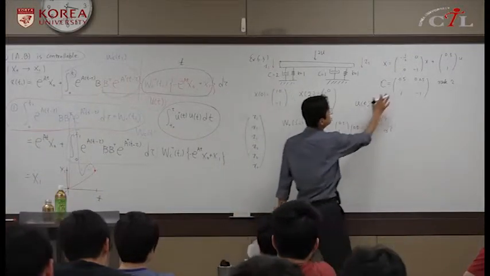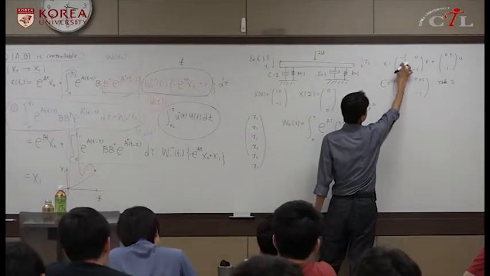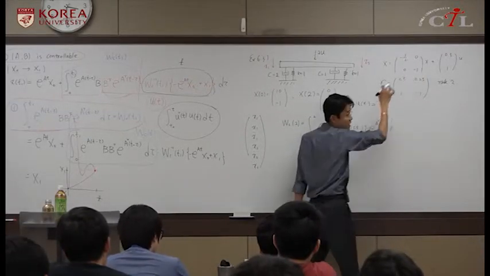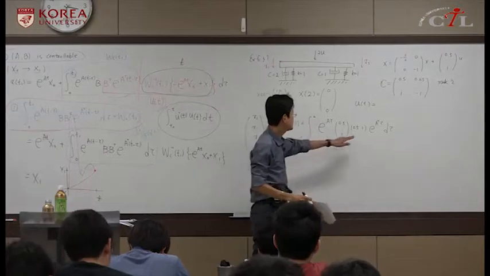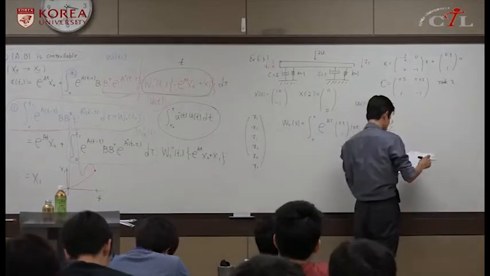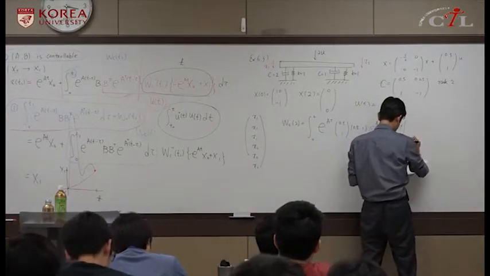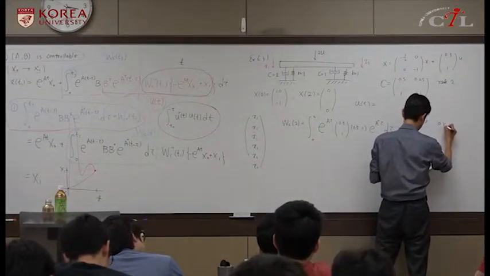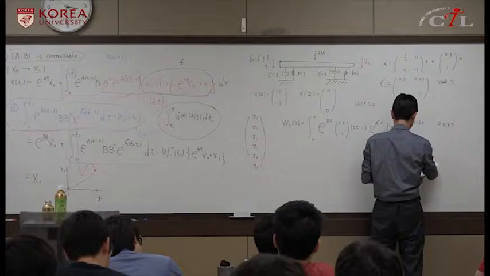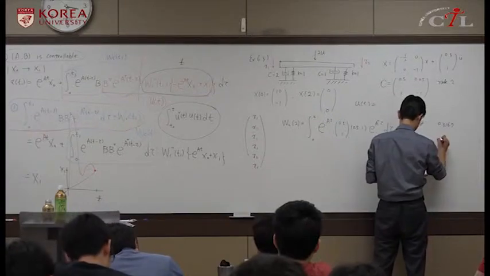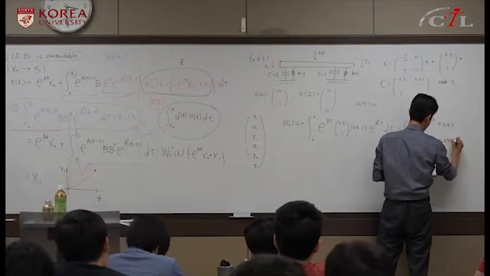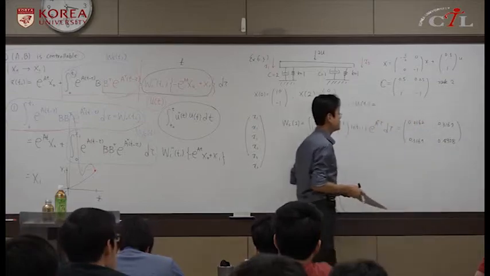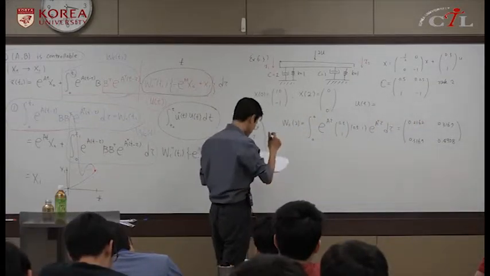A tau is simply calculated, right? It's just exponential minus half tau, exponential minus tau. So each term is individually simply calculated, and that calculation gives this value.